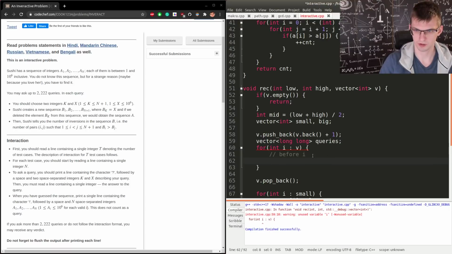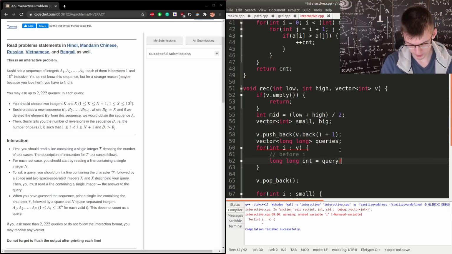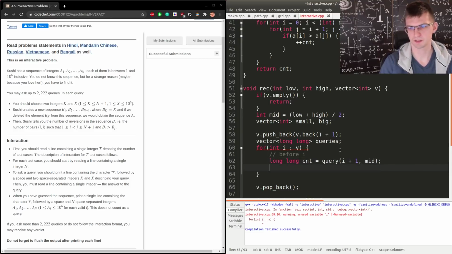Those are some queries. What do we do here? Before this should be i plus 1, because for 0 I want to put 1 here. Comma, mid. This is, first it is 500,000.